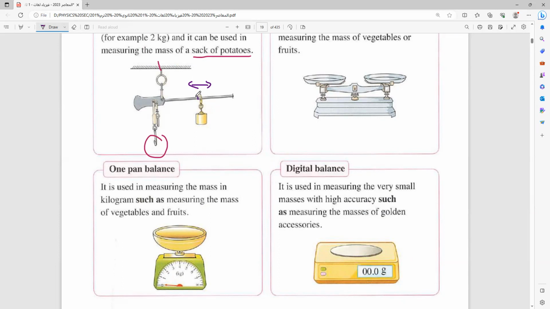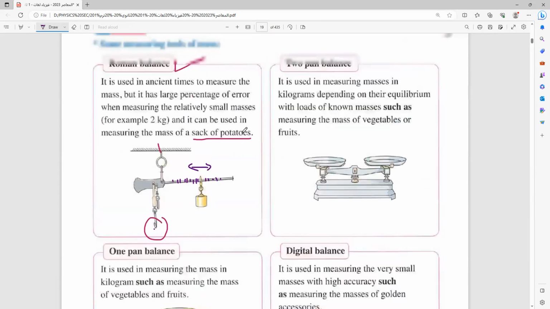And it has a reading here. So the mass of the sack of potatoes can be measured by the reading of this division. Okay?